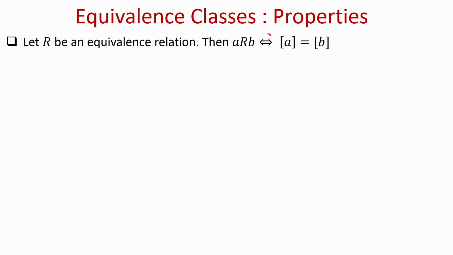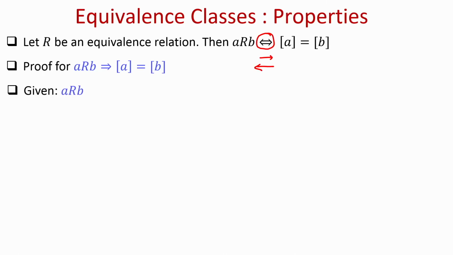Now, since this is a bi-implication, I have to prove the implication in both directions. I first prove the implication in the forward direction, namely I assume that A is related to B, and then under this assumption I have to show that their equivalence classes are the same.